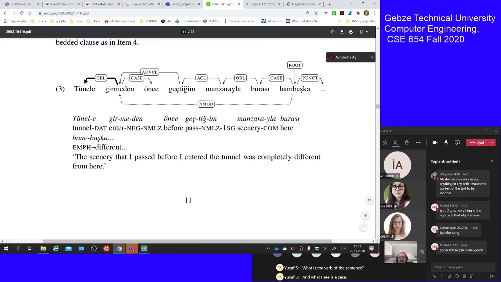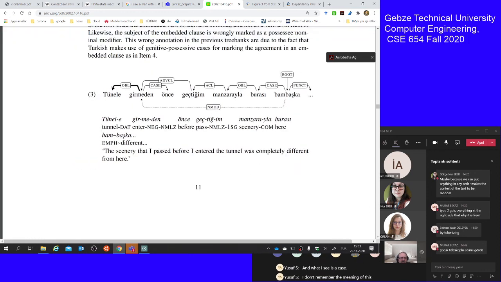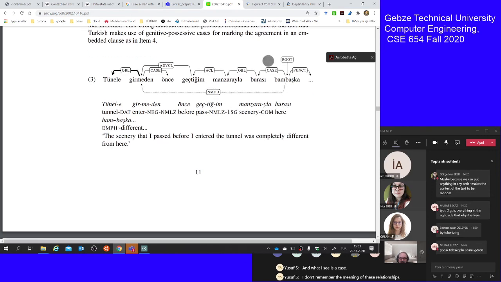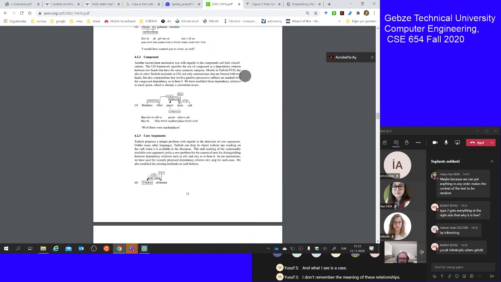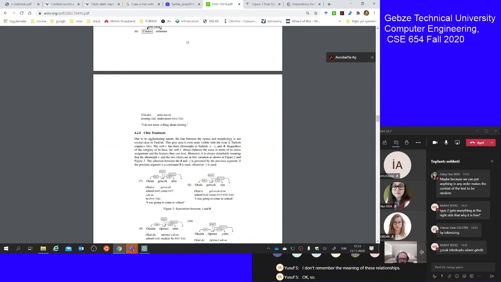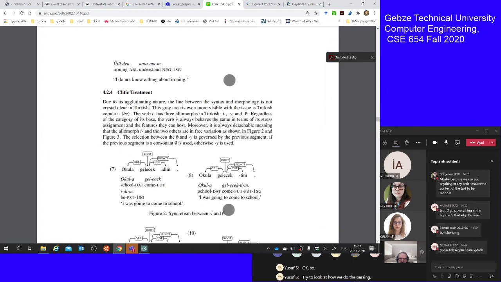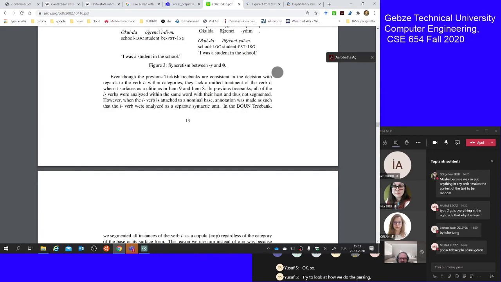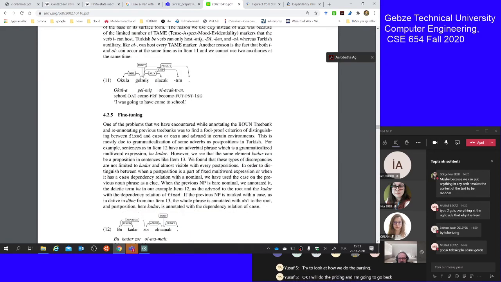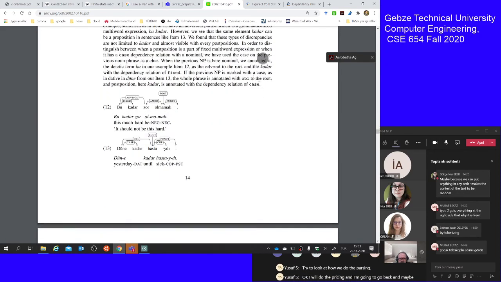I don't remember the meaning of these relationships. So next week I am going to look at how we do the parsing, and maybe look at one or two of these again.